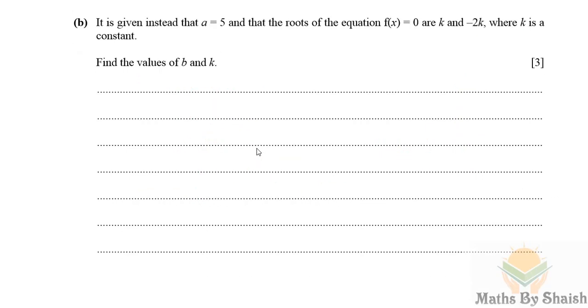Here's the b part. It is given that a is equal to 5. Earlier b was also provided, now they have only provided a is equal to 5, and that the roots of equation f of x is equal to 0 are k and minus 2k, where k is a constant. Find the values of b and k.